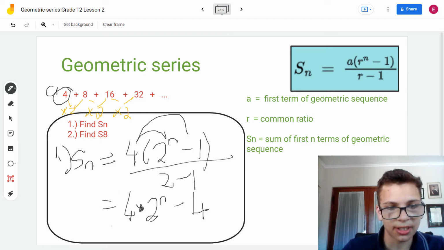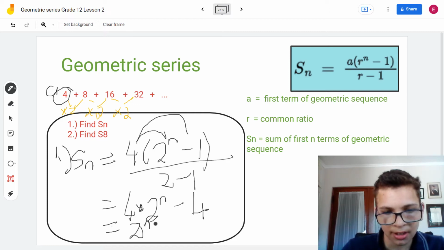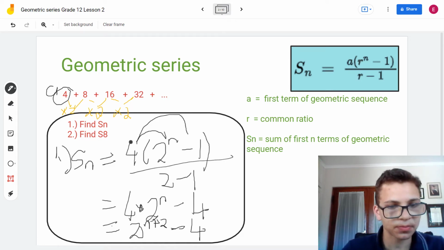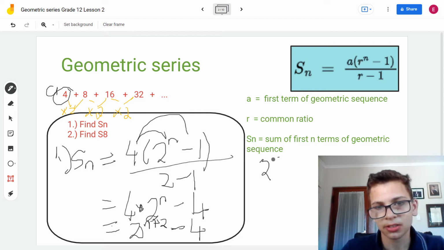Okay, and then we're left with, we can write 4 as 2 squared, so we can simplify that to 2 to the power of n plus 2 minus 4. So that will be the general term. Our general term is 2 to the power of n plus 2 minus 4.